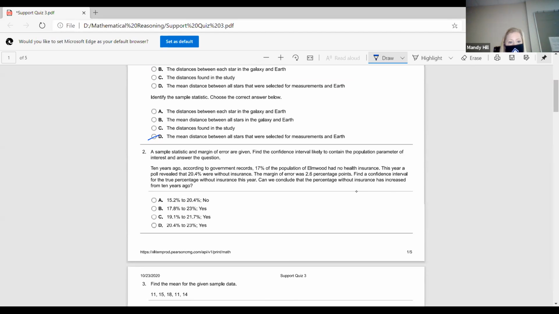Well, here's what we know. We know that 17% have no insurance, according to this study. It has a margin of error of 2.6. So here's what you do with that. If we want to find the range, the first time we add 2.6, and the second time we subtract 2.6.